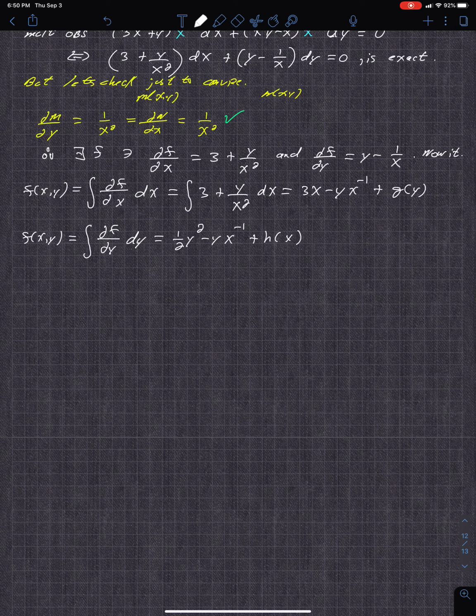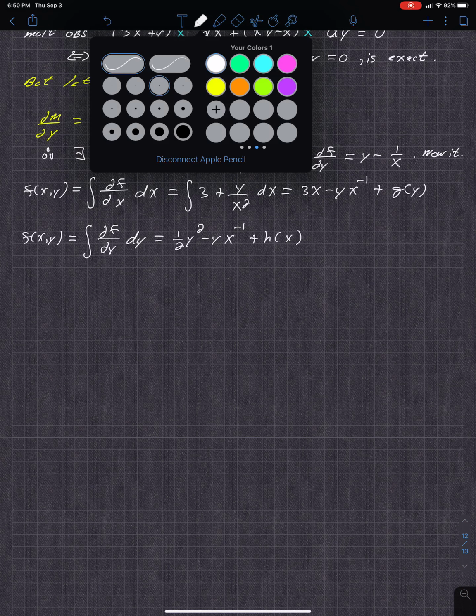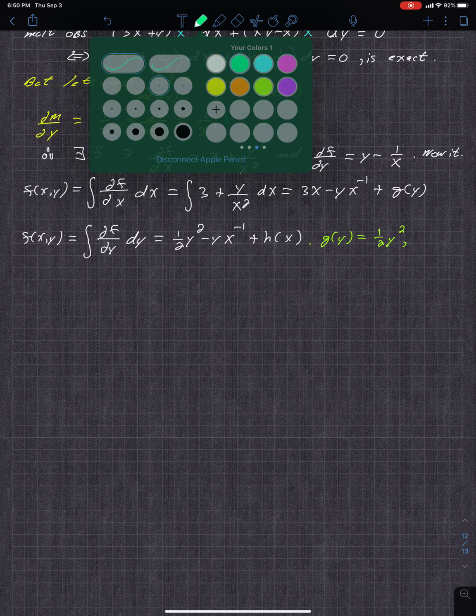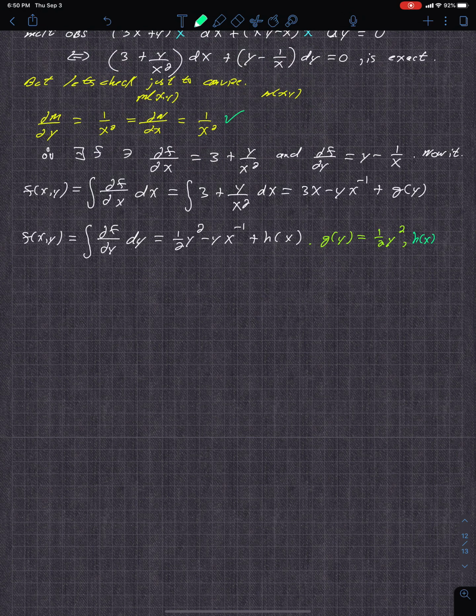So we can see then that g of y is the 1/2 y squared that ended up there. And the h of x would have to just be the 3x.